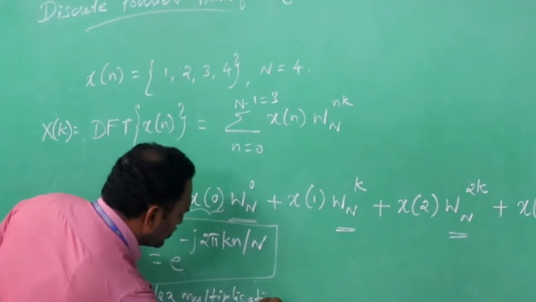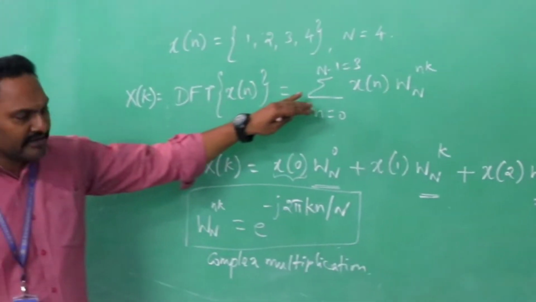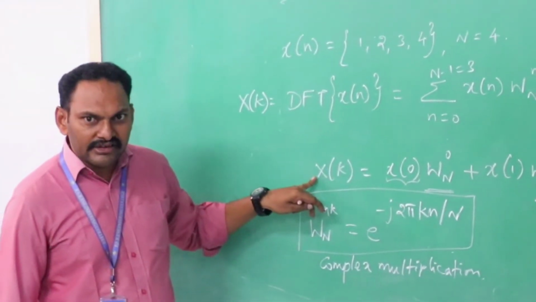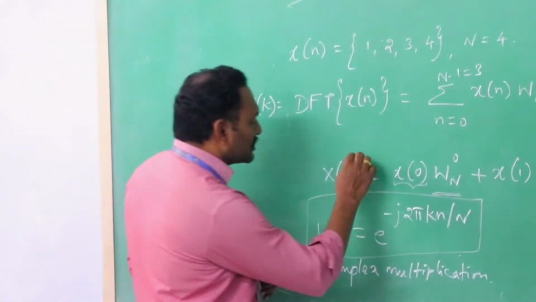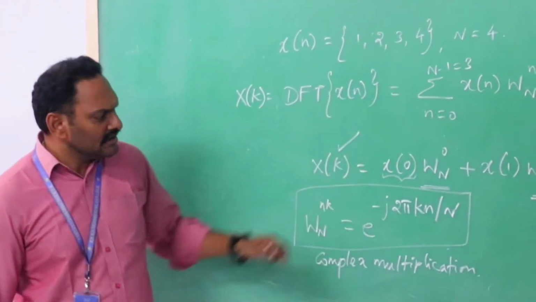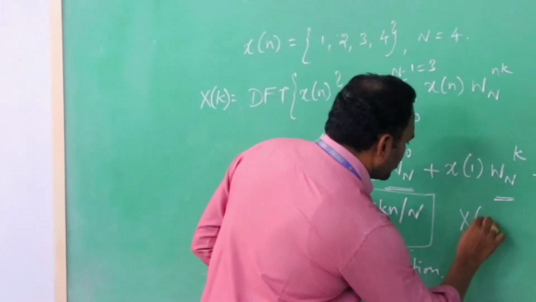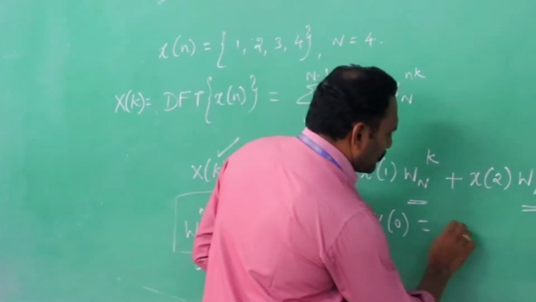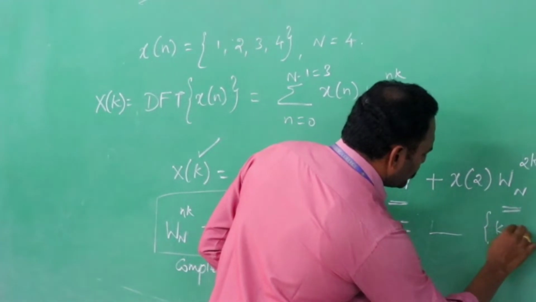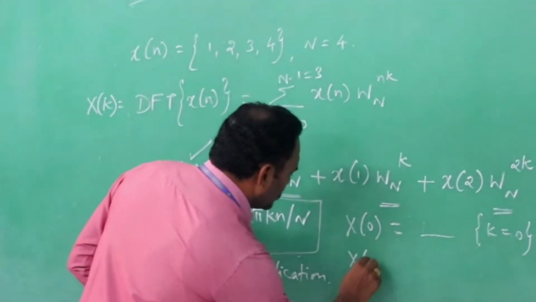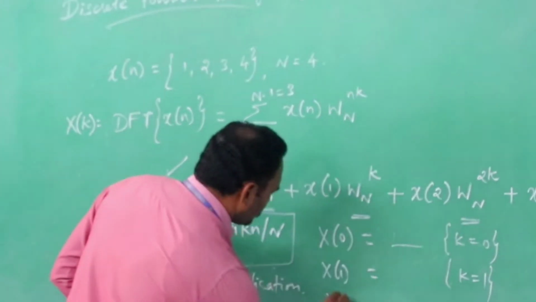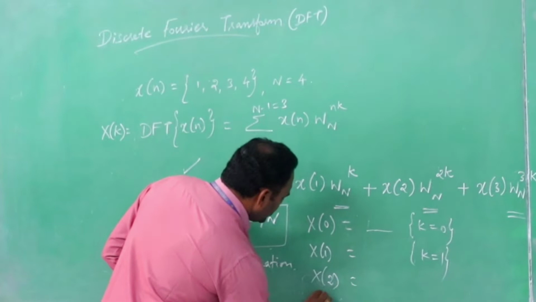Here we have substituted only the limit of n, but we also need to substitute the limit of k. Substituting k equal to 0 to 3, for X of 0 we substitute k equal to 0, likewise for X of 1 we substitute k equal to 1, and likewise X of 2 and X of 3.